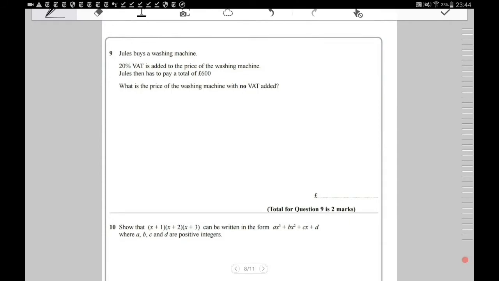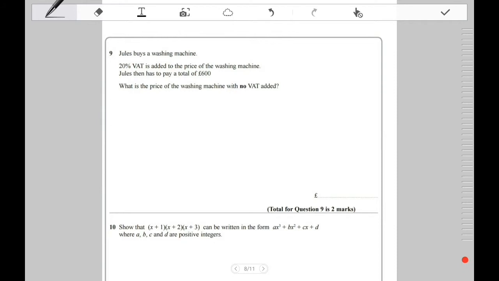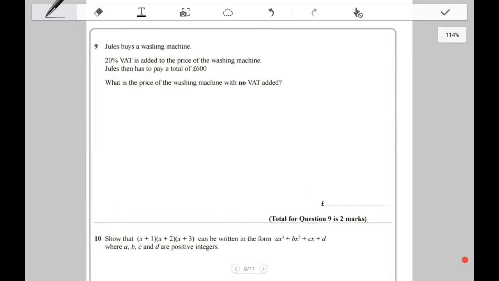So question 9 states, Jules buys a washing machine, 20% VAT is added to the price of the washing machine. Jules then has to pay a total of £600. What is the price of the washing machine with no VAT added?